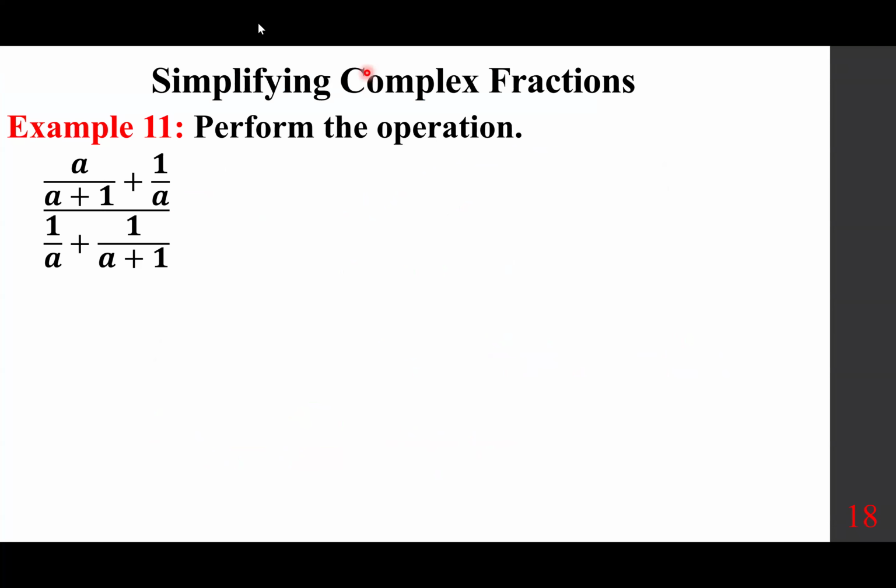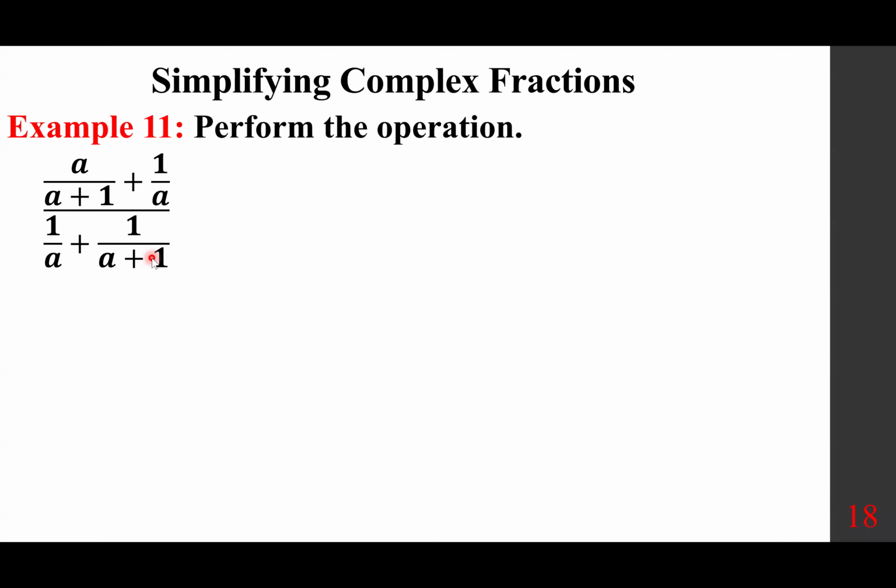All right, so we're dealing with a complex fraction, and we want to simplify it. That's if they say simplify, or if they say perform the operation, that means the same thing. A complex fraction is a fraction within a fraction. As you can see, the top has two fractions, the bottom has two fractions, and you have different ways to approach this.